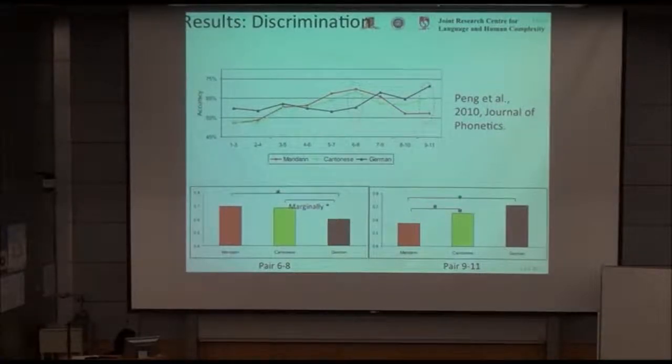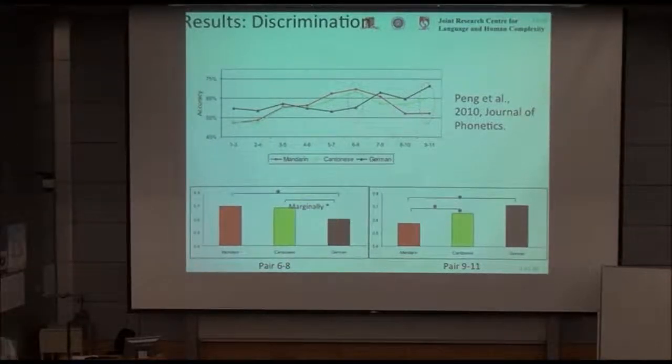And we are more interested in this point. We know both Cantonese and Mandarin have the contrast of a high level tone versus a high rising tone. And at this point, there is no significant difference between the Mandarin group and the Cantonese group.